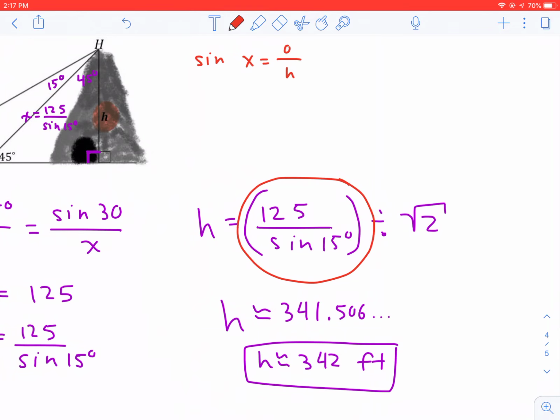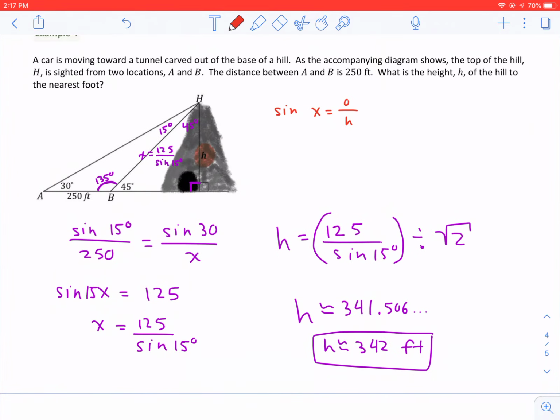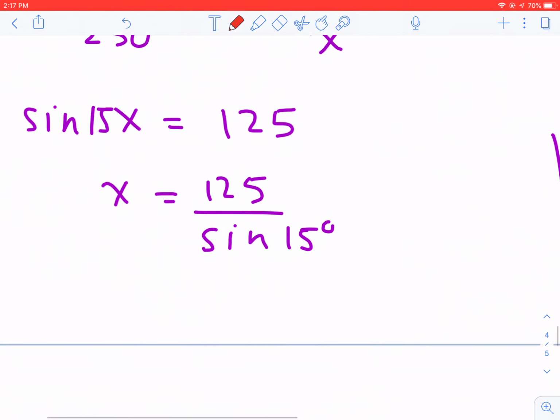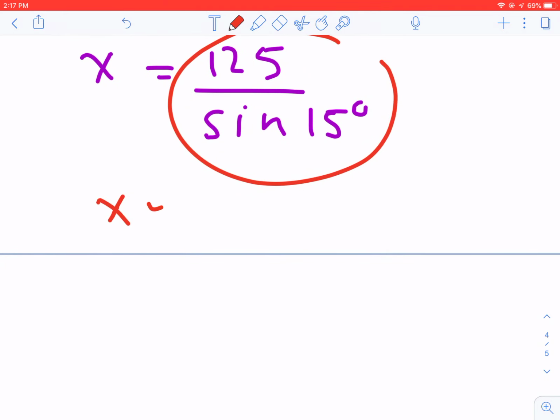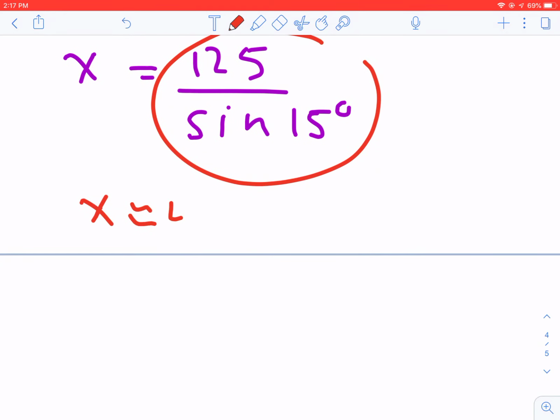If you did get an x value here, and you didn't want to use 125 over sine of 15, I would try to keep that as accurate as I could. So in the calculator, I'll probably use a value like 482 point, and I would recommend keeping at least 3 decimals. But if you're doing it in your calculator, you can keep all the digits.